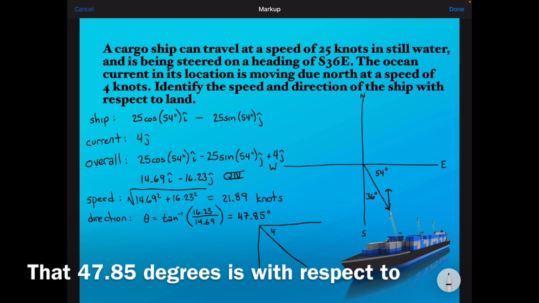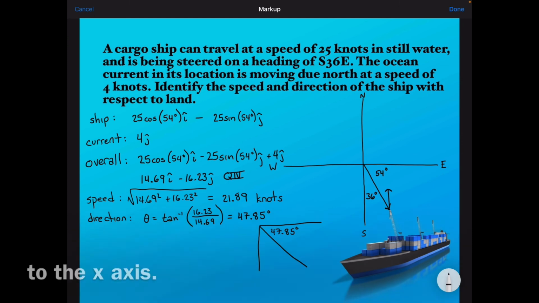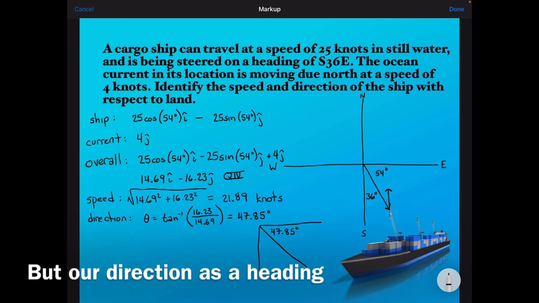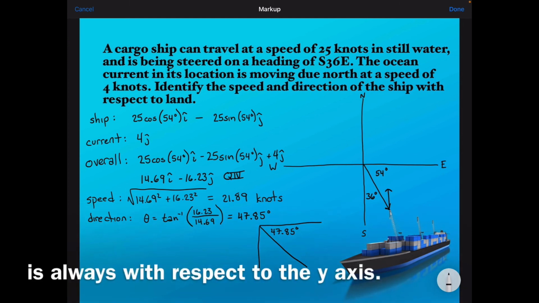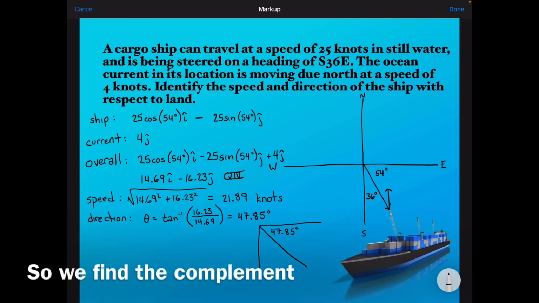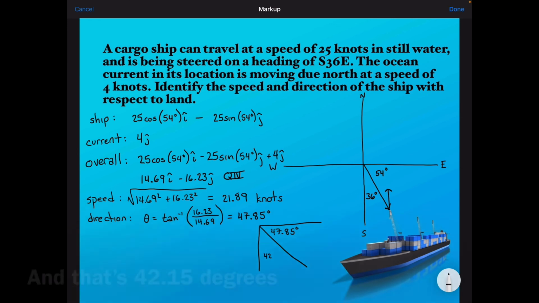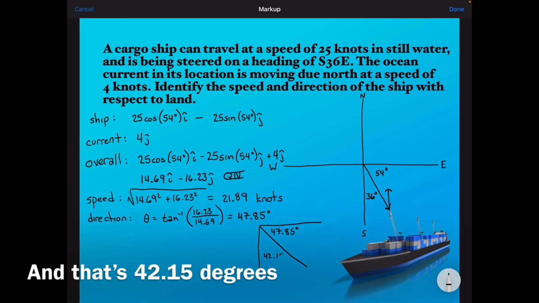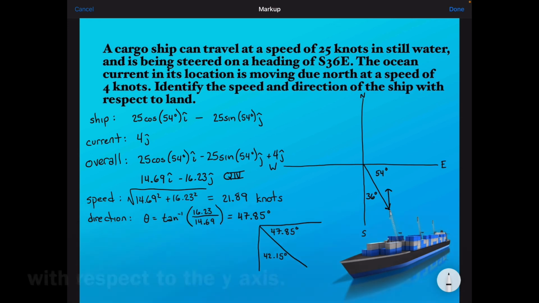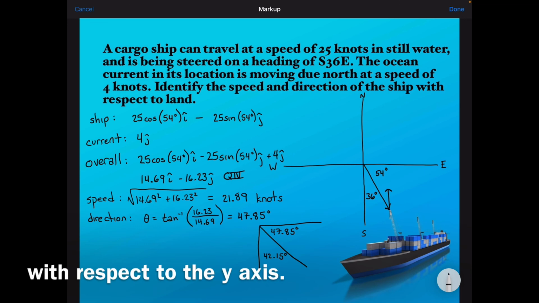That 47.85 degrees is with respect to the x-axis, but our direction as a heading is always with respect to the y-axis. So we find the complement by subtracting from 90 degrees, and that's 42.15 degrees with respect to the y-axis.